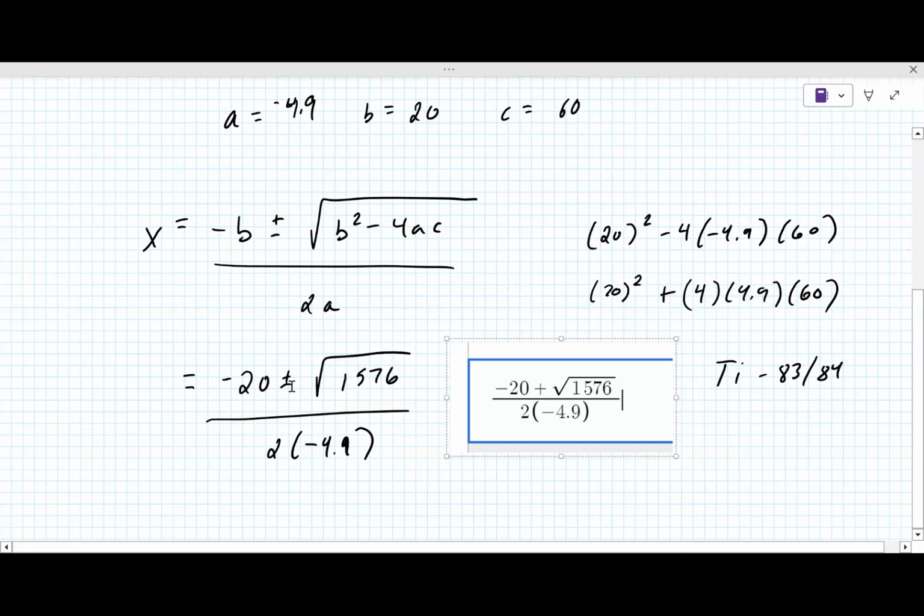The 1,576 would still be in the square root. So yes.